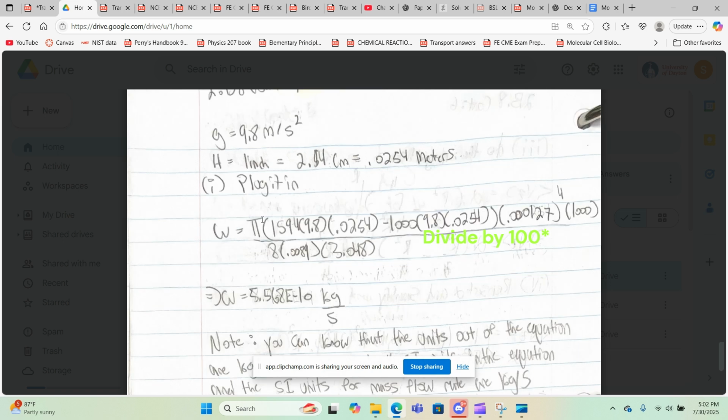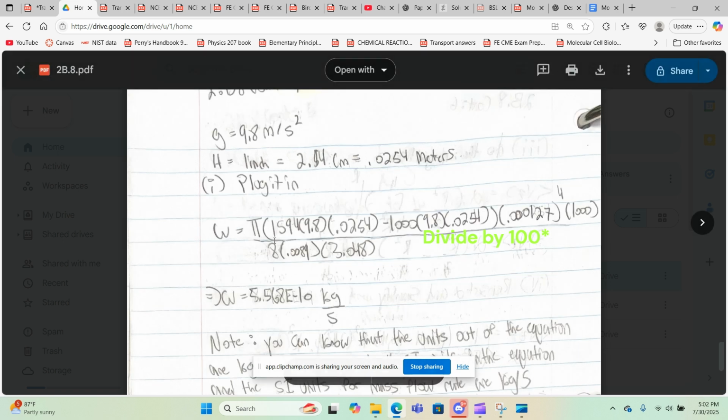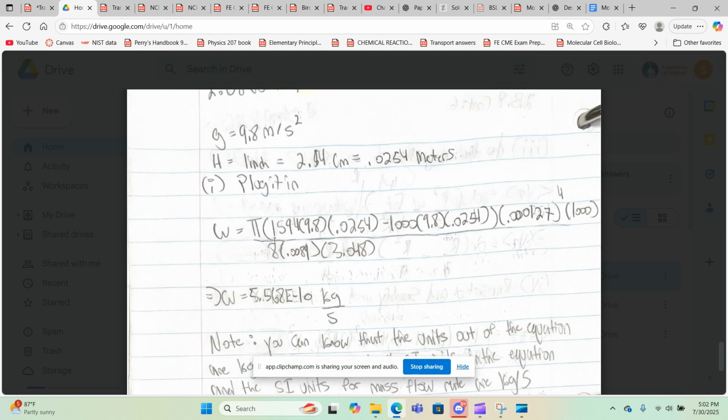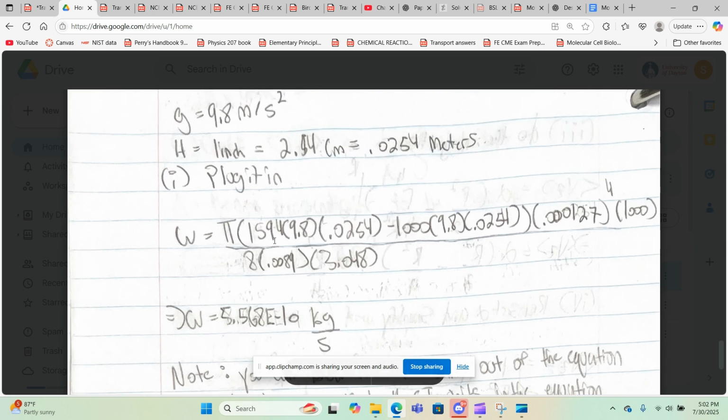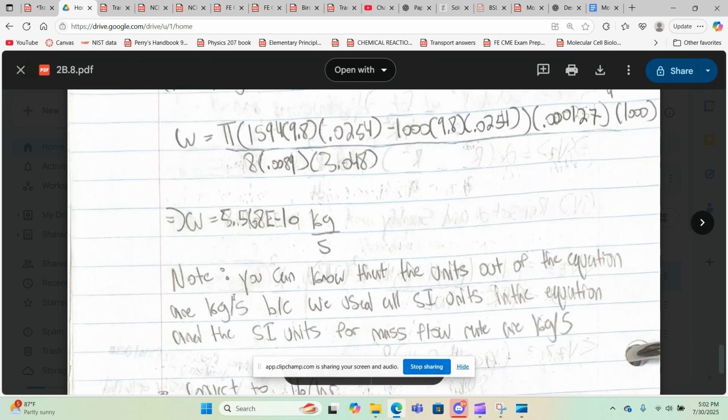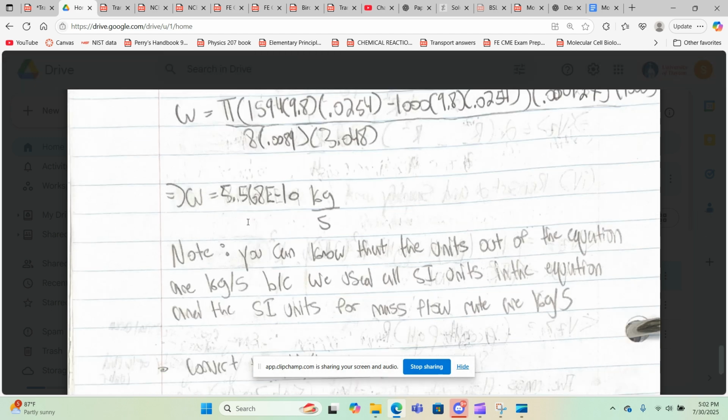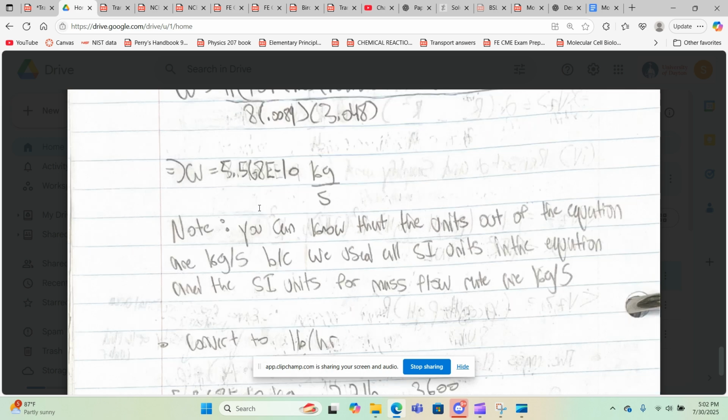And then I'm plugging all these values in. If you use SI for all of the values in the equation, you can be assured that the result is also SI. So the SI units for mass flow is kilograms per second. So 0.5568 e to the negative 10 kilograms per second.